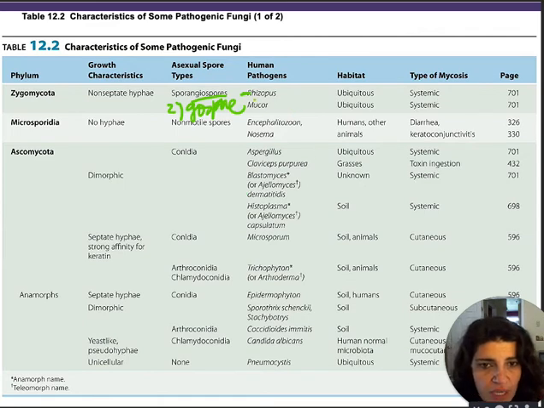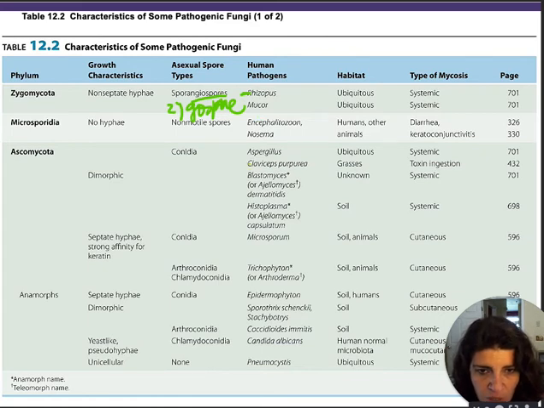Zygospore. Okay, so Rhizopus and mucor are both from the same group and they cause systemic mycosis. Rhizopus can be ingested because they like to grow in bread. You know that black mold that you see on bread and in strawberry, that's Rhizopus. Okay, and they can have asexual or sexual reproduction.